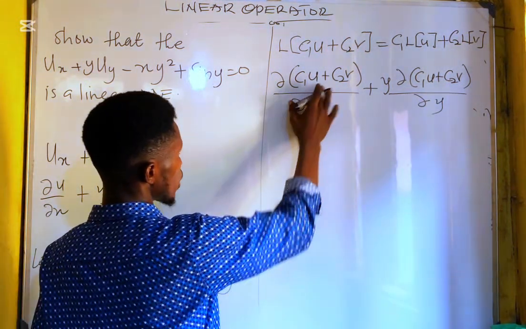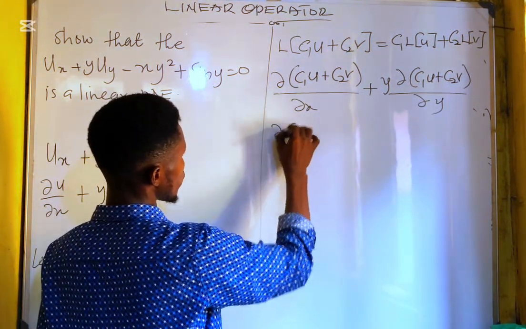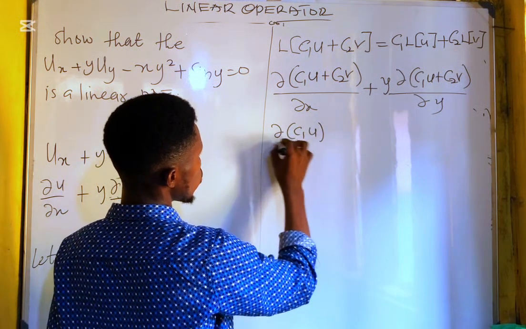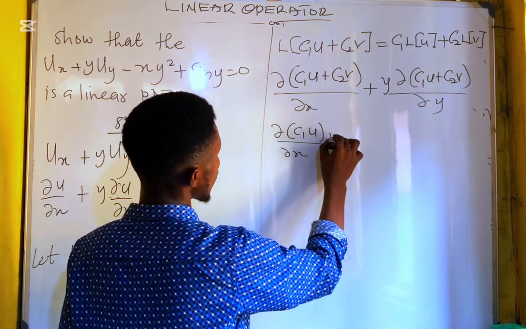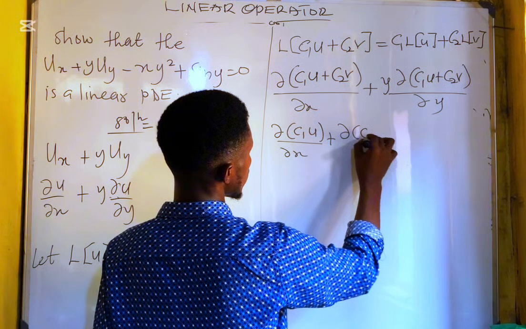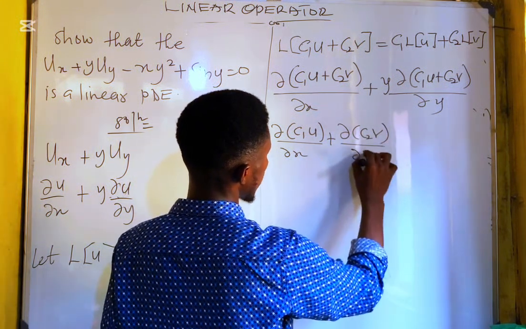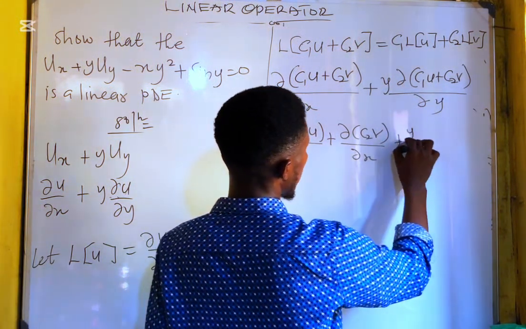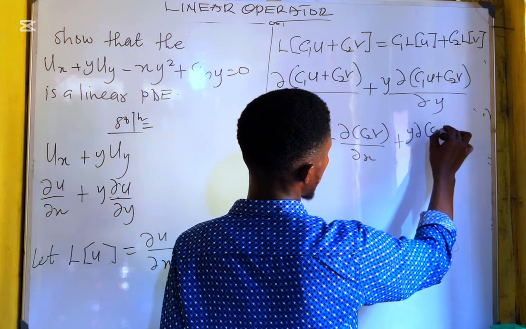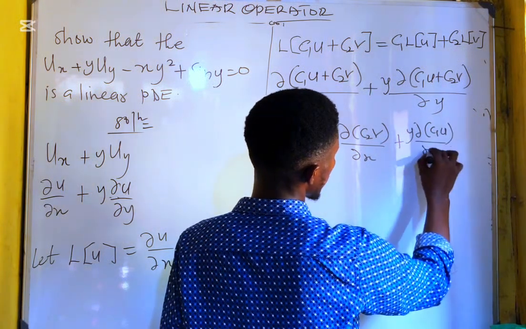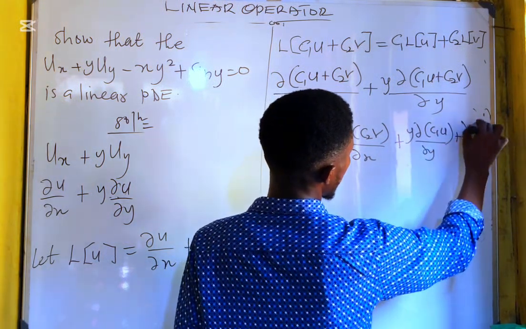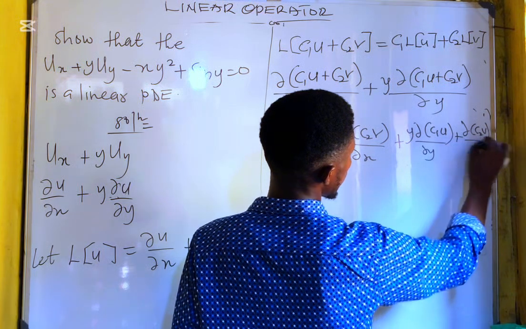Okay, split the numerator. That is going to give you delta C1U over delta x plus delta C2V over delta x plus y delta C1U over delta y plus delta C2V over delta y.